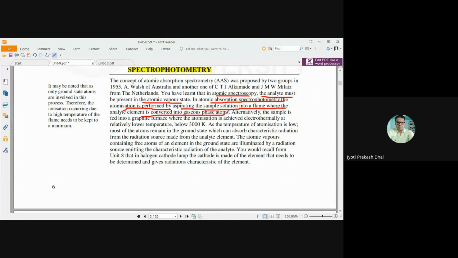Initially the analyte will be present in liquid state, and after that we aspirate the analyte into a flame that will undergo atomization, that we have already studied, where the analyte sample is converted into gaseous phase atoms.